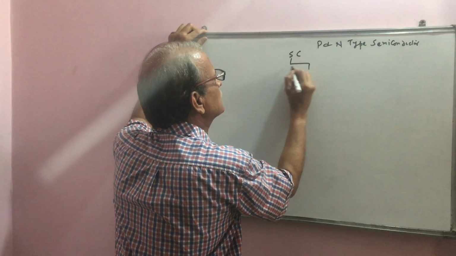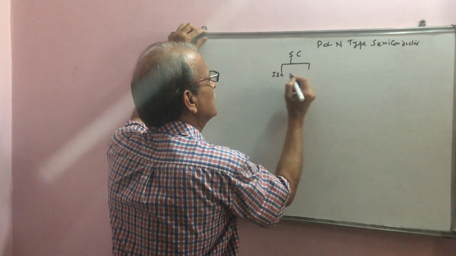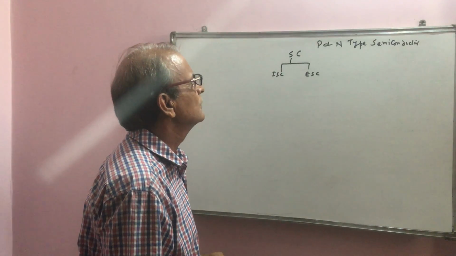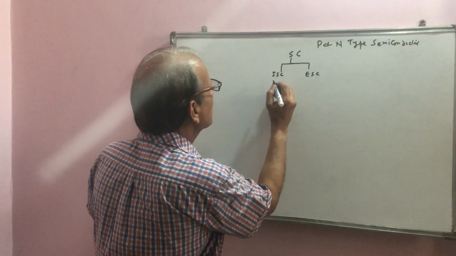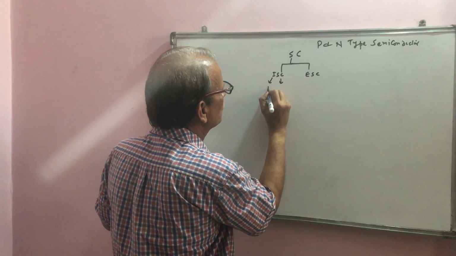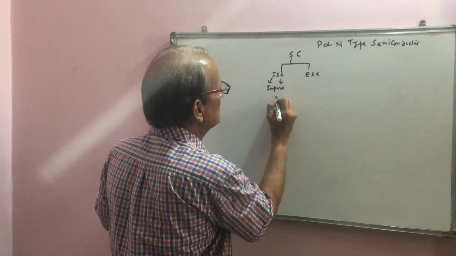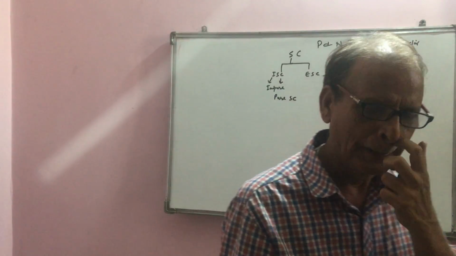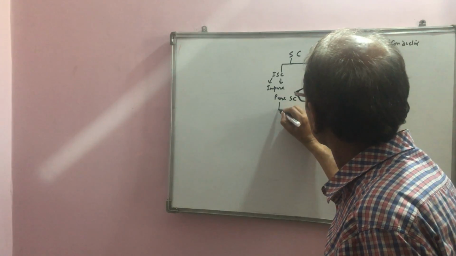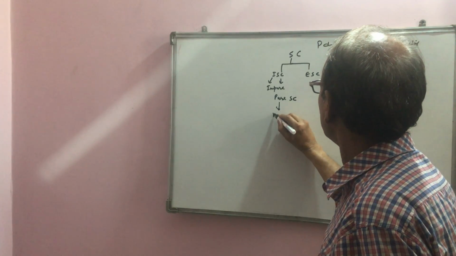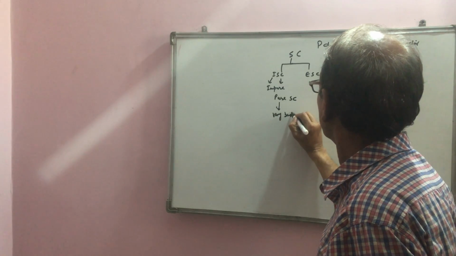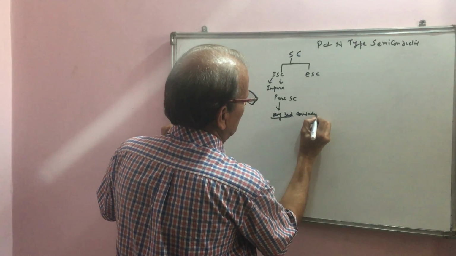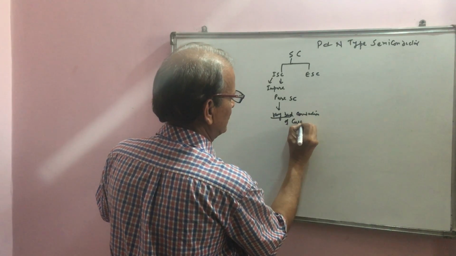Semiconductors are of two types: intrinsic semiconductor and extrinsic semiconductor. Intrinsic semiconductor, this I is not for impure, but this is a pure semiconductor. This pure semiconductor is very bad at conduction of current.